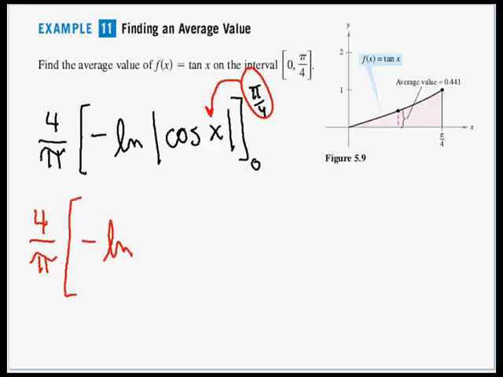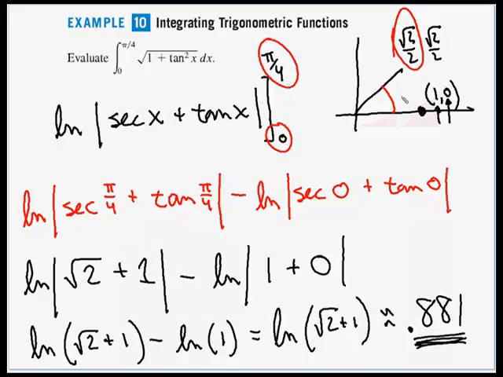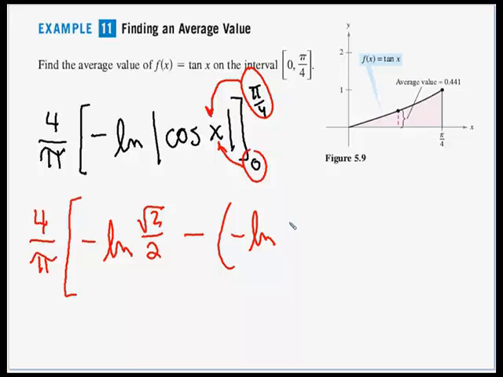So we're looking at the natural log of √2/2. And then minus the negative natural log. We plug in 0. Cosine of 0, cosine again is our x coordinates, that would be a 1. Negative natural log of 1. And then we close off our parentheses.